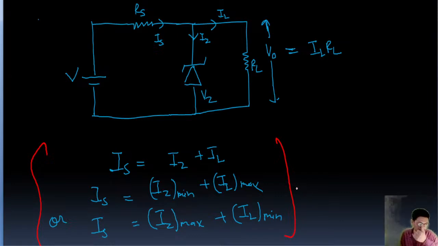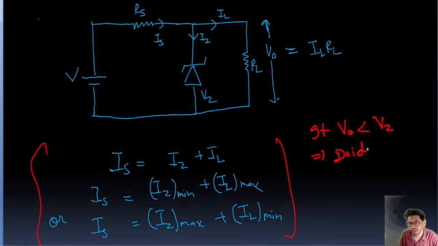Also, guys, the important point is this one. If V naught is less than the Zener voltage VZ, it means the diode is off, guys.